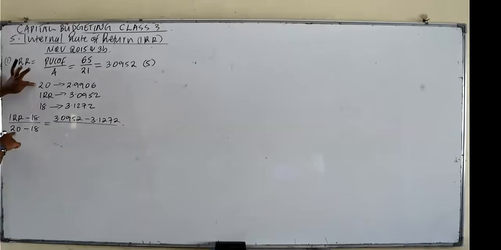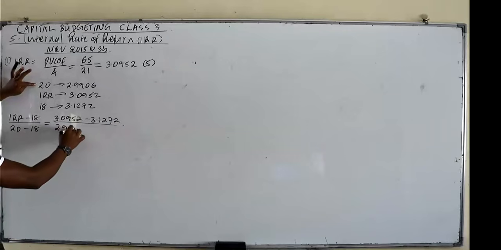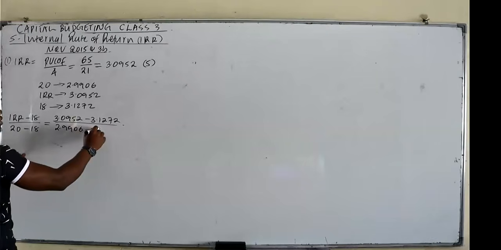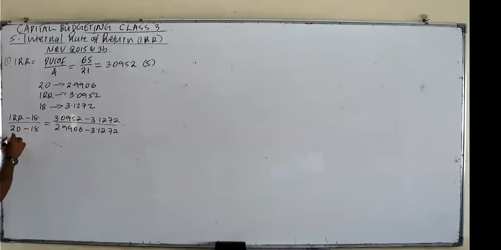For 20%, we have 2.9906. So it will be IRR minus 18 over 20 minus 18, you get 2. Now, can you compute this? Give me that.